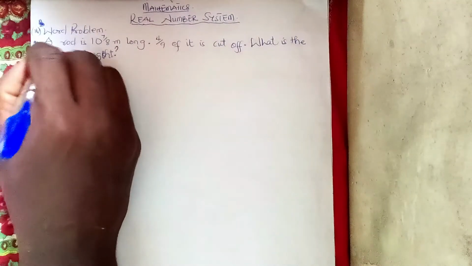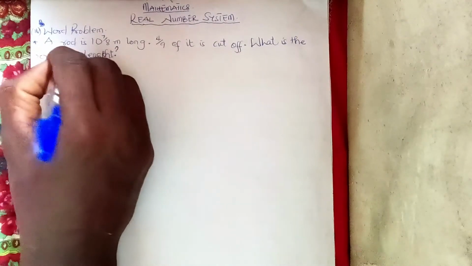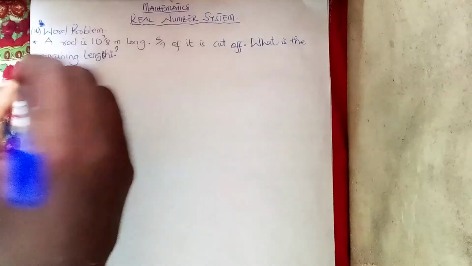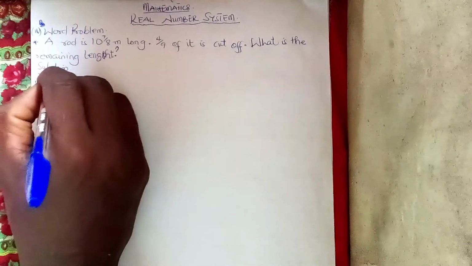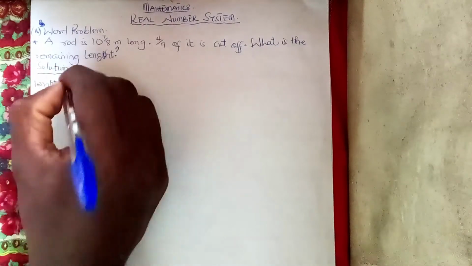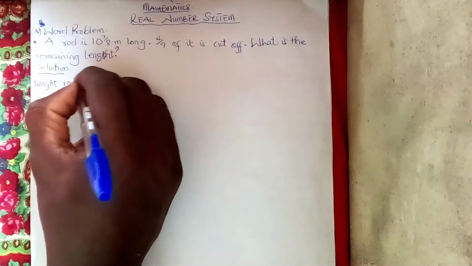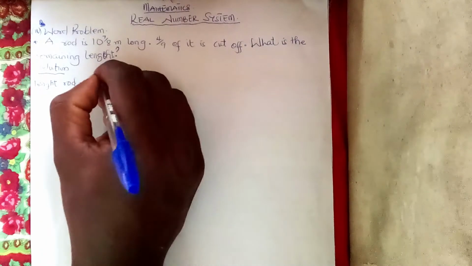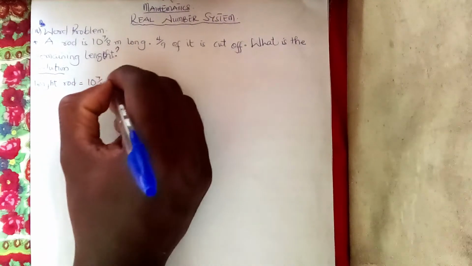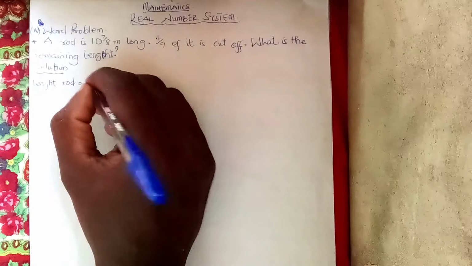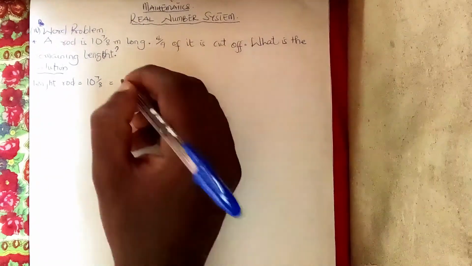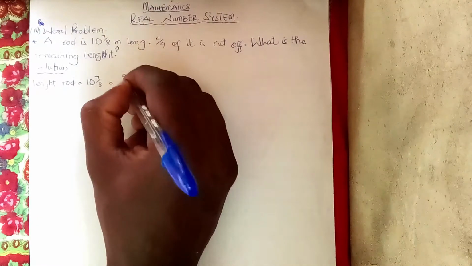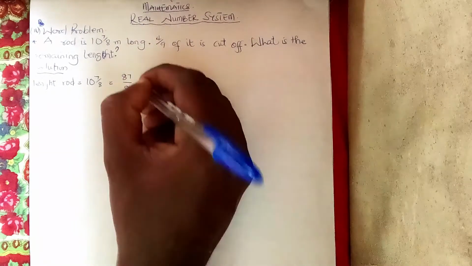Solution. We have the length of the rod equals 10 whole number 7 over 8, which is equal to 10 times 8 gives you 80 plus 7 is 87 over 8 meters.